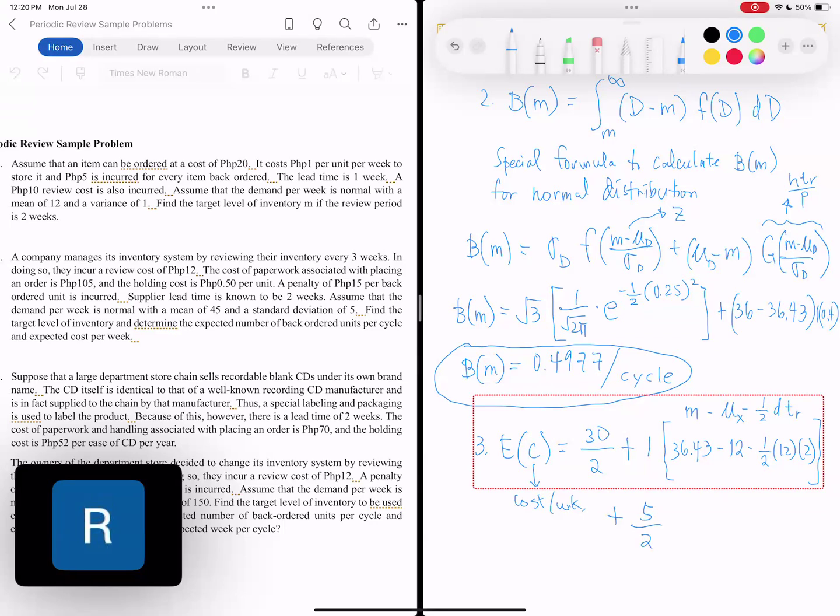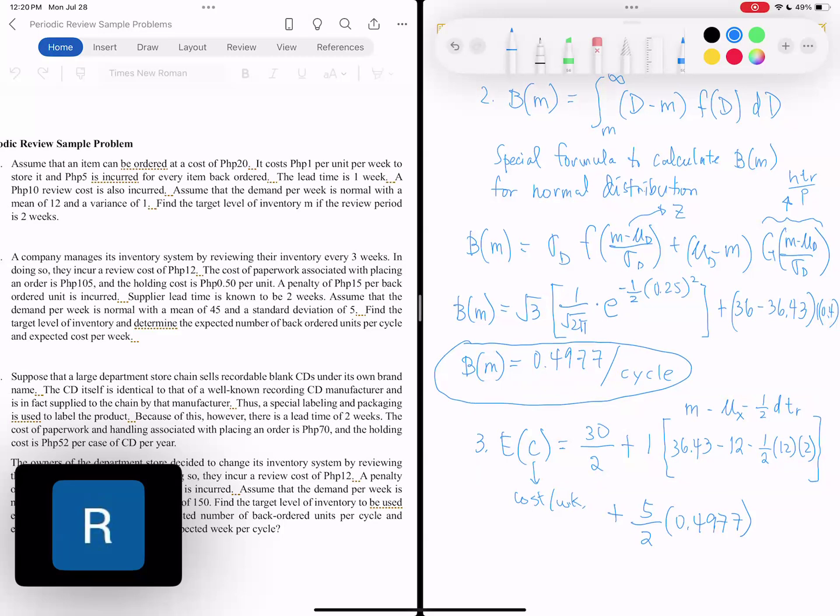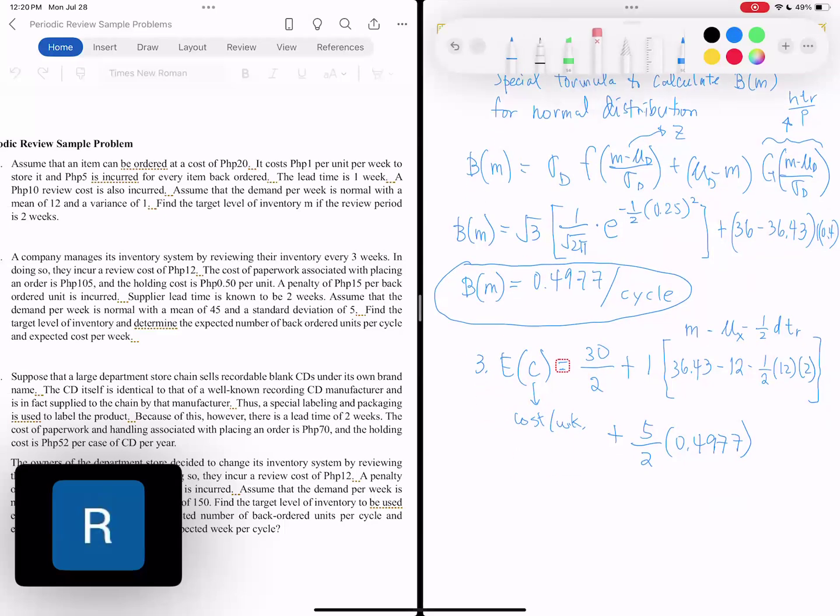And then multiply that by BM, which is what we got in the previous calculation. Since BM, you see here that BM 4977 is per cycle, we had to convert it to per week because cost is per week by dividing by TR, which is 2.